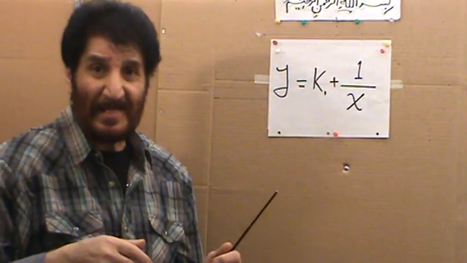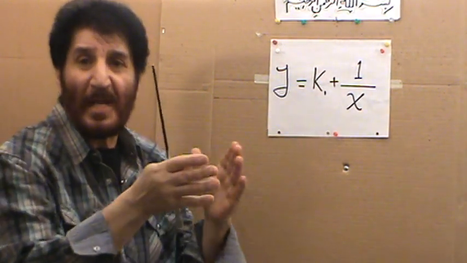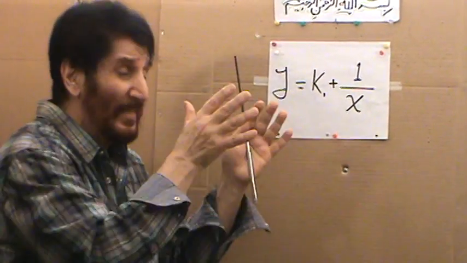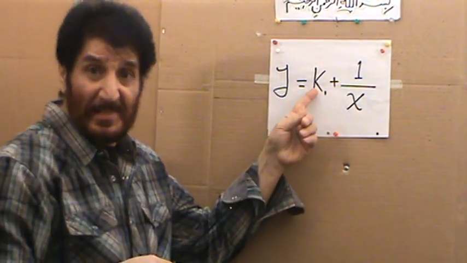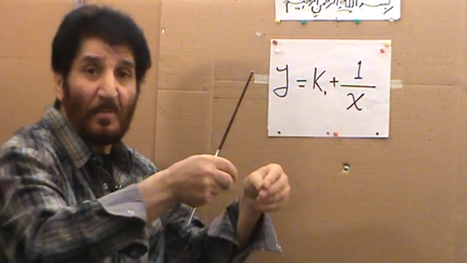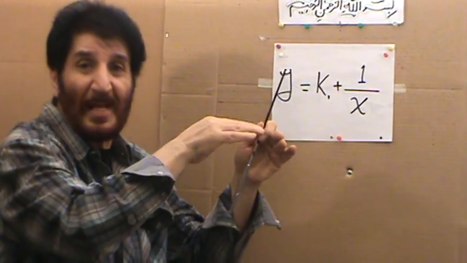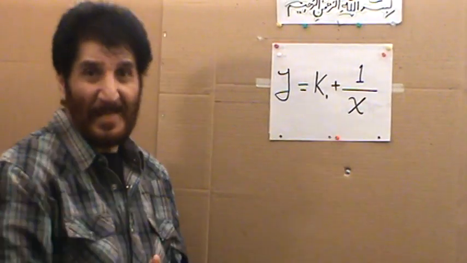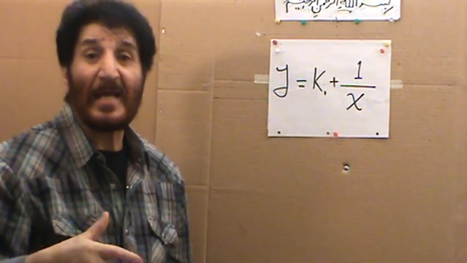If k1 is positive, for example 2, this graph will move 2 units up. That is the same as if you take the horizontal axis and move it 2 units down. Same effect. So we know what will be the effect of k1, which is a constant.